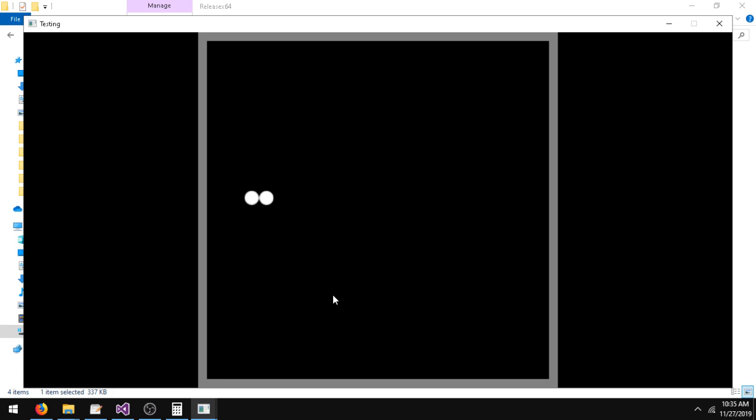Either way, there's something wrong with how it's doing. Yeah, that's so bad. See, this is so weird because I swore it was applying velocity.